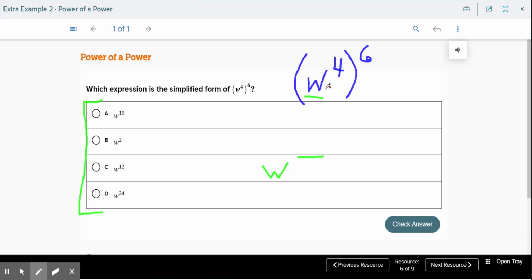All right, again, power of a power, that double exponent, we're going to take our exponent values and multiply them together. 4 times 6 is 24. So our answer here would be answer D, okay, w to the 24th power.